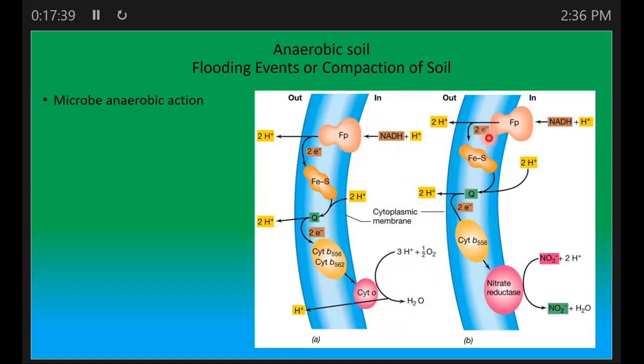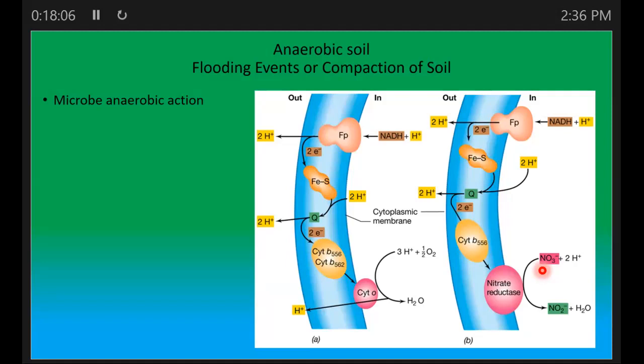On the right here, instead of oxygen sitting at the end, it's NO3 minus, that's nitrate. Plants love nitrate, remember? That's one of their favorite ways of taking up nitrogen. So here you have bacteria or fungi, primarily bacteria, in the soil grabbing nitrate for their own uses. That's not good, because plants need nitrate.